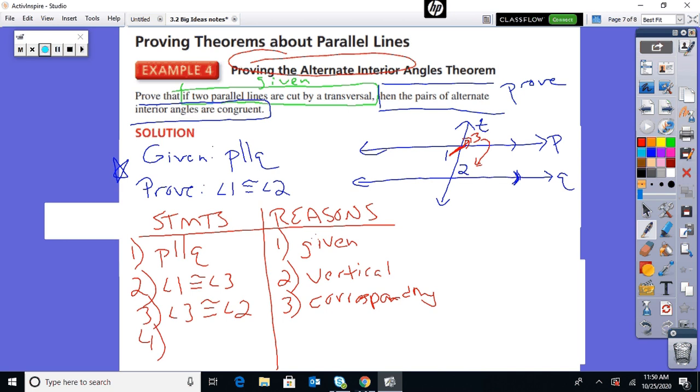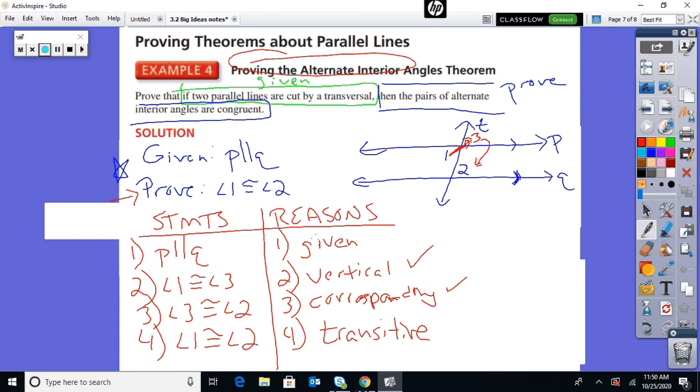And so therefore, if 1 is 3 and 3 is 2, then angle 1 has to be the same as angle 2 because of our good old transitive property friend. And of course, you don't want to stop until what you were trying to prove is listed. So that's a quick, easy proof of why alternate interior angles are congruent, thanks to a couple old friends, right?